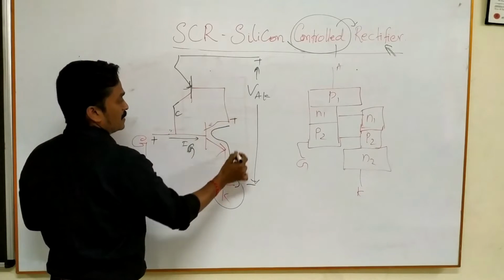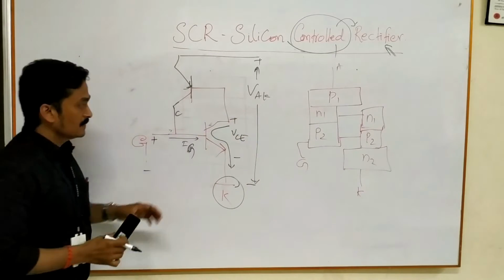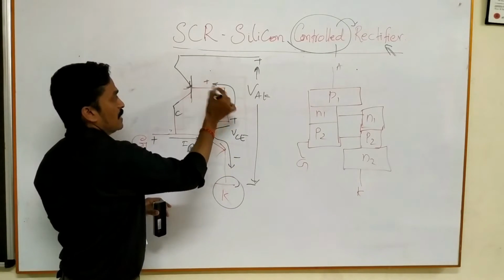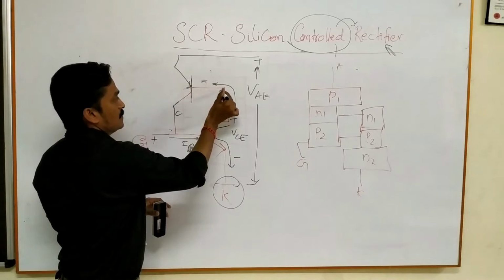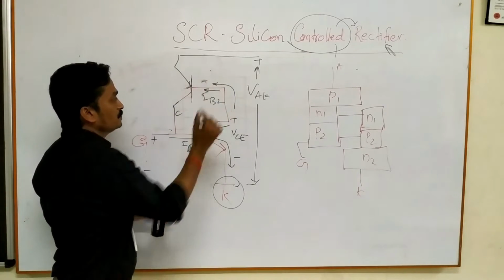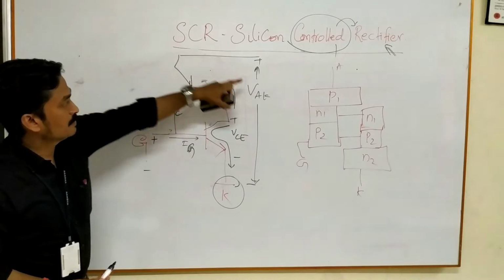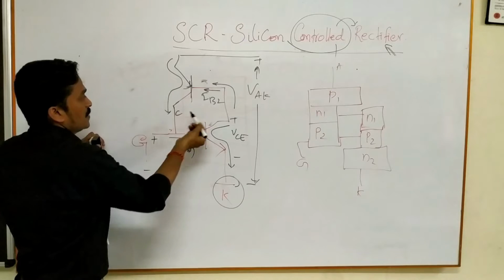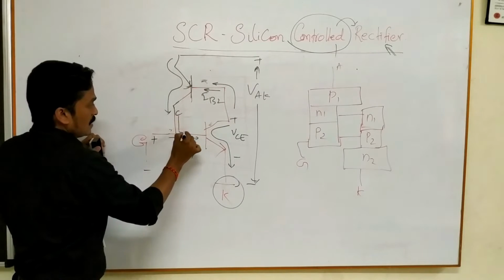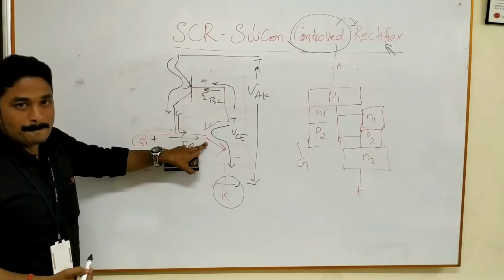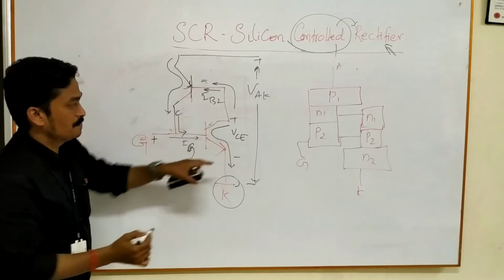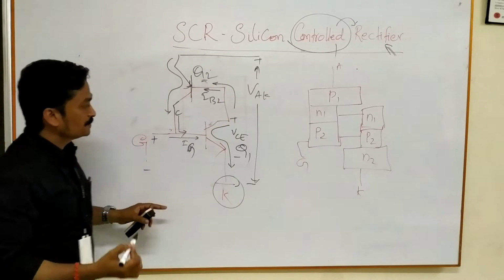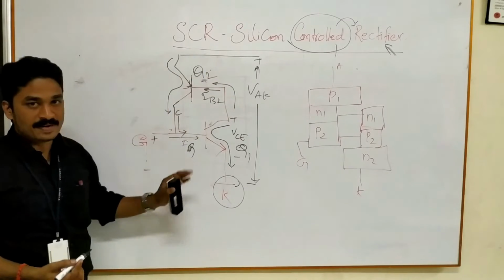This will create a VCE drop over here, and this VCE drop will make this junction positive, which means current flow will happen. It is the IB2, and because of this IB2 and the VAK voltage, current flows from emitter to collector. This collector current is applied to the base of the first transistor, which means this is the first transistor and this is the second transistor. So this is how the current flow happens.